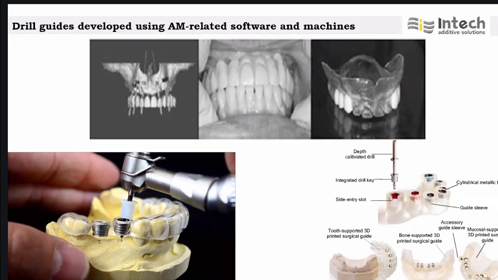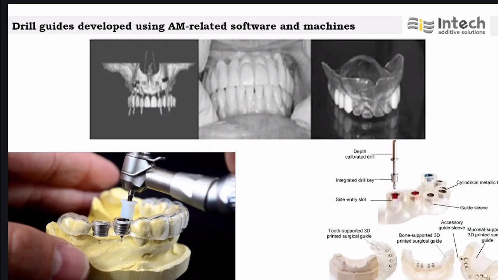Like you could see, there is a 3D printed model where you have this 3D printed guide in place. You can see that some drilling is going on through some guide sleeves. This drill cannot deviate. There are guide constraints to position the drill at a pre-planned angle and depth, so it should be placed perfectly.